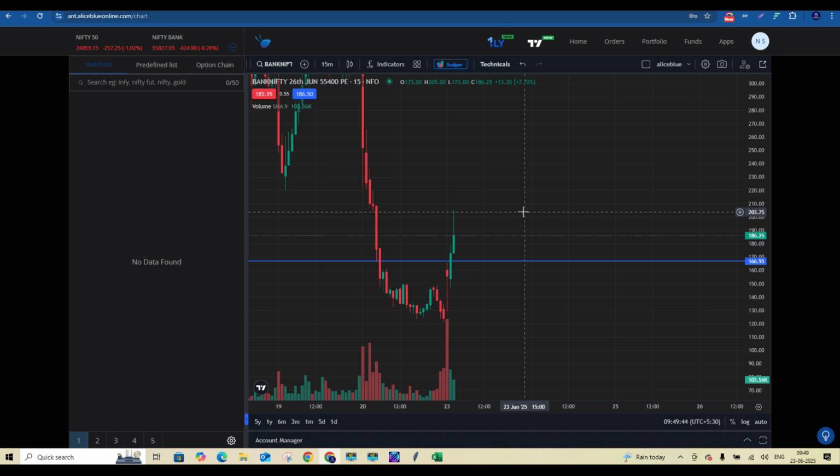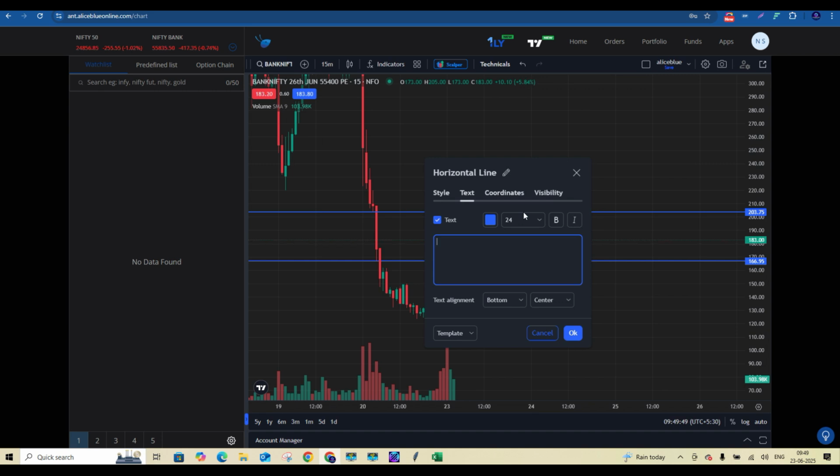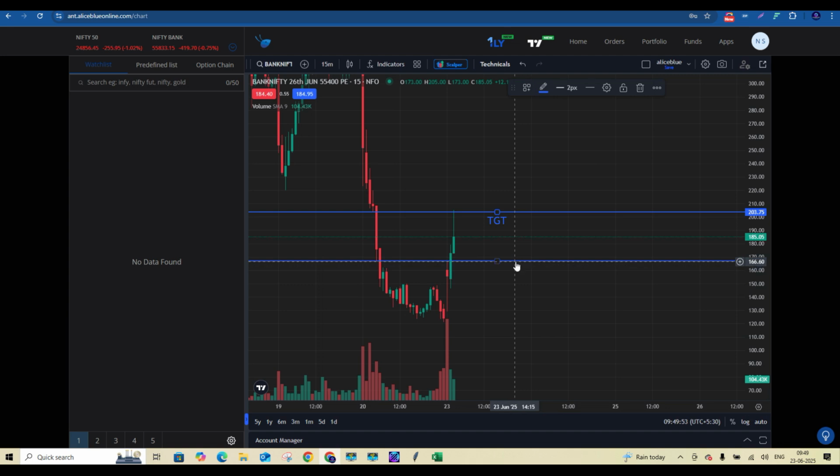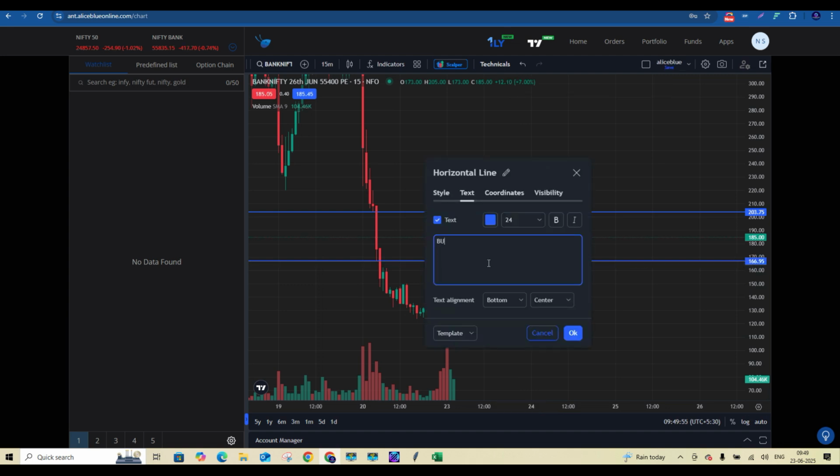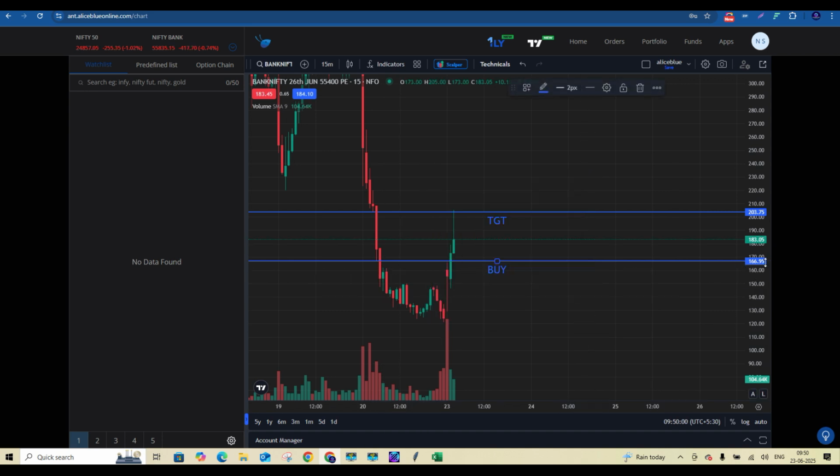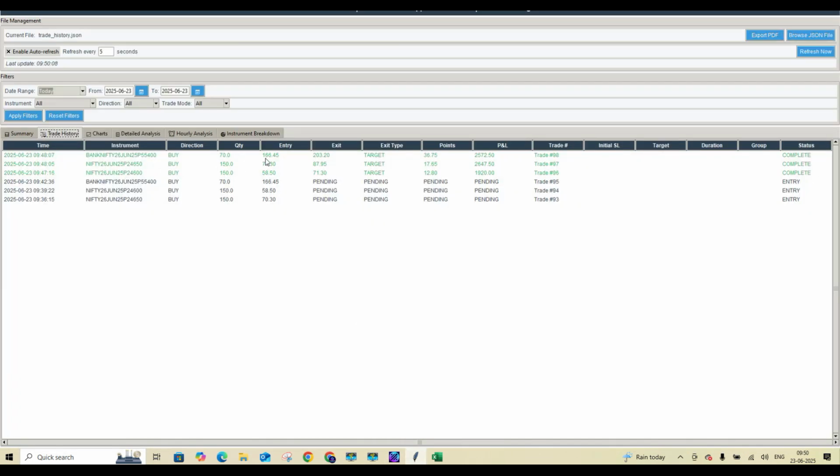Exactly here our target is done, TGT. Our target is hit. This was our buy level, buy level at 166, exit at 203. That is 36 points up from our buy level, and 2500 plus profit with the target hit.